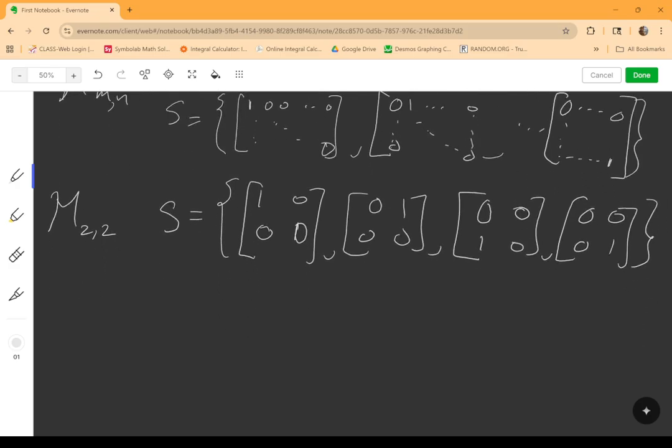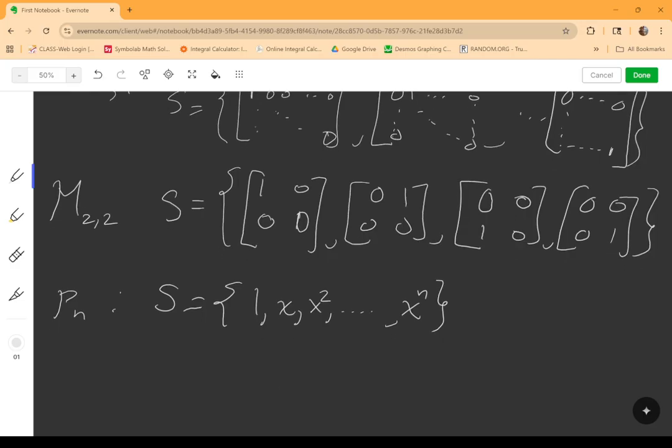And then we've worked with polynomials, which was also an abstract vector space that we looked at, beyond column vectors. In general, for P_n, the standard basis is going to be the set S of 1, x, x squared, up to x to the n.